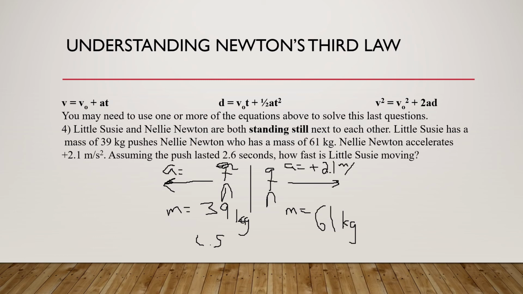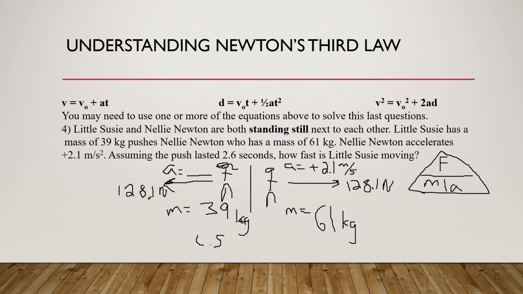All right, I remember how to do this. In order to get Susie's acceleration, we need to get the force. So we get the force by doing the FMA triangle. Yes, let's FMA that. I like that F. I drew that F very nicely. Okay. 2.1 times 61 is, of course, 128.1 newtons. And if that's 128.1, this is 128.1 newtons.